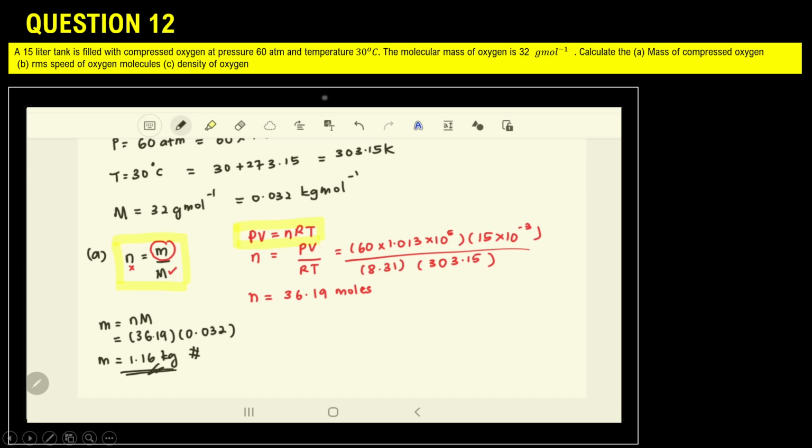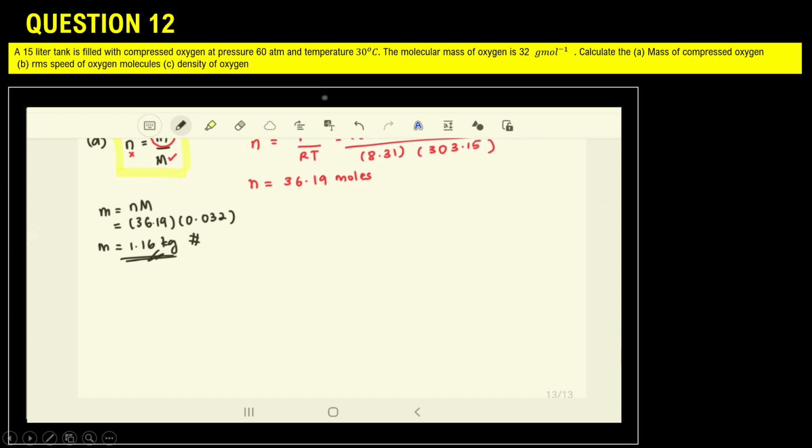Okay, so for part B, we want to find the RMS speed of oxygen molecules, or VRMS. In order to find VRMS, I'm going to use this equation.